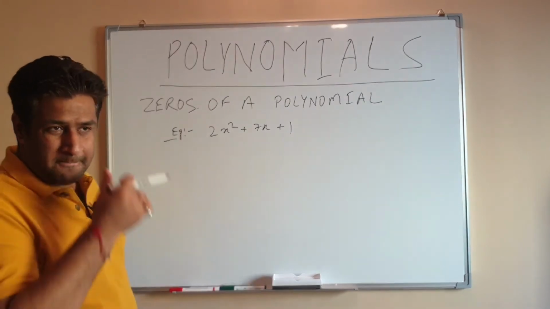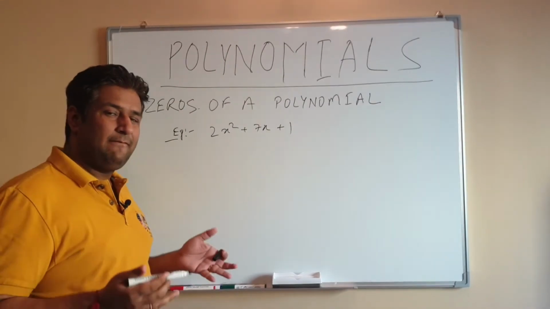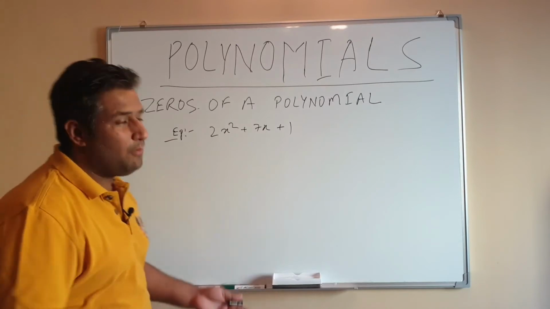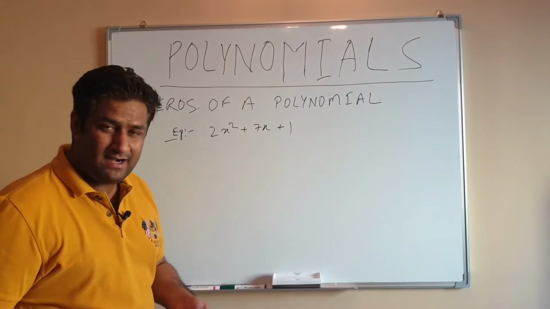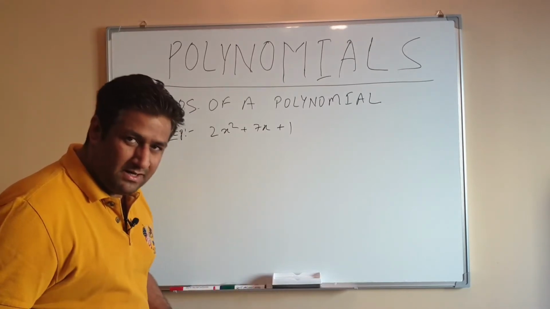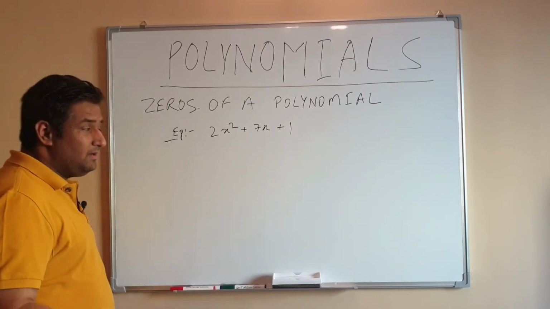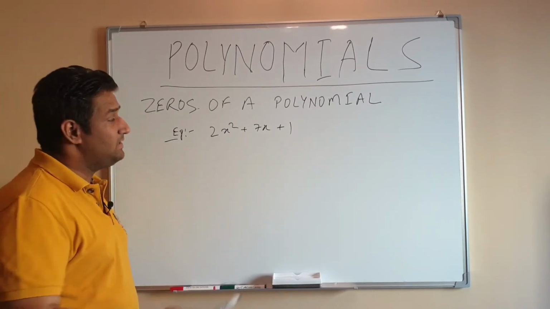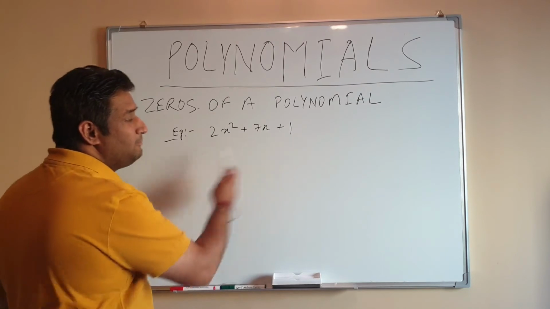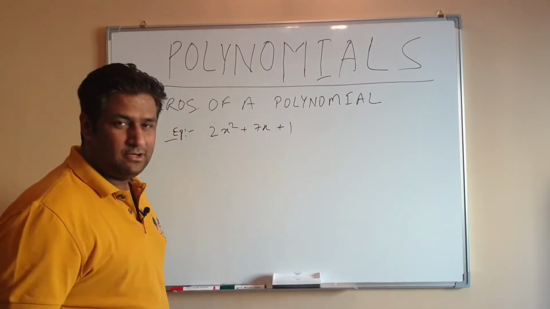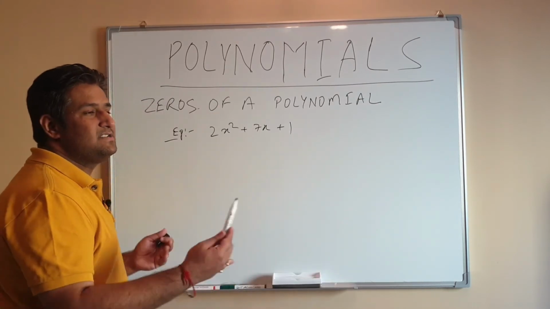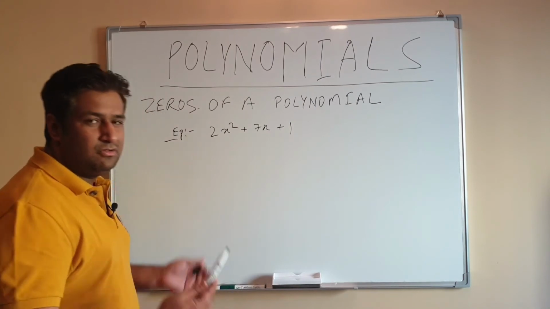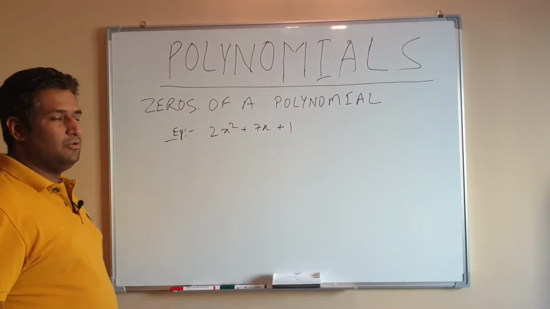When we talk about zeros of a polynomial, we have to identify a number such that if we substitute that number in place of x, the whole term becomes 0. That number itself is going to be the zero of the polynomial.